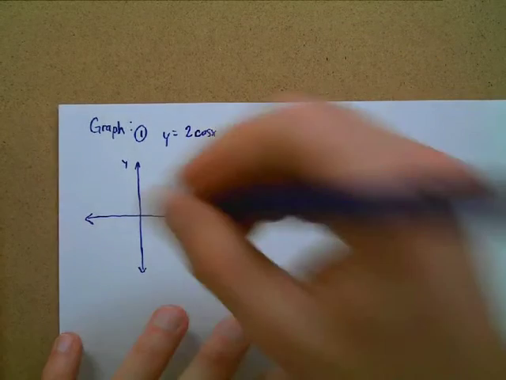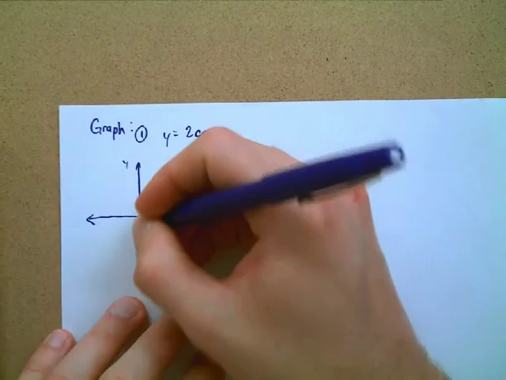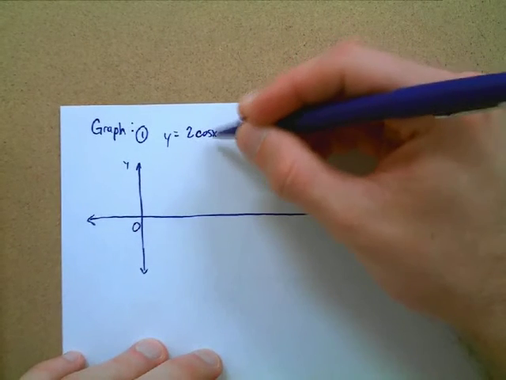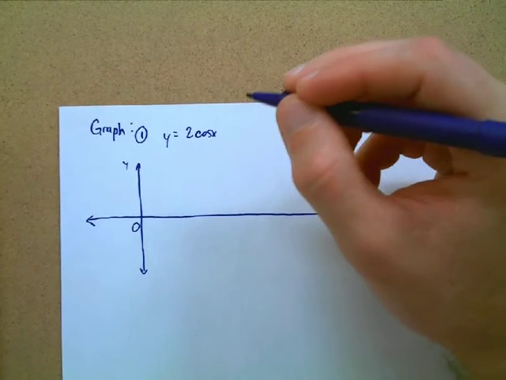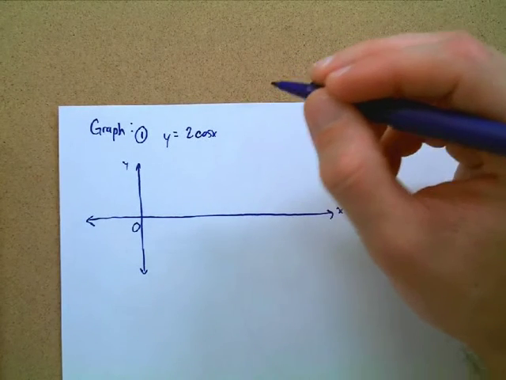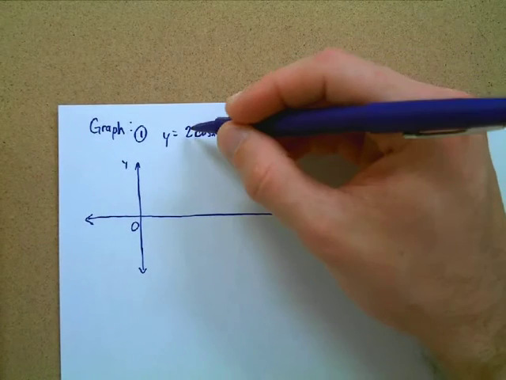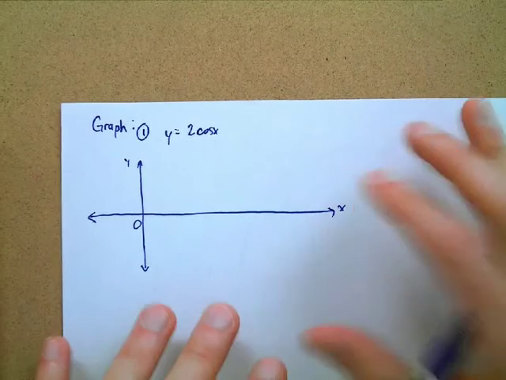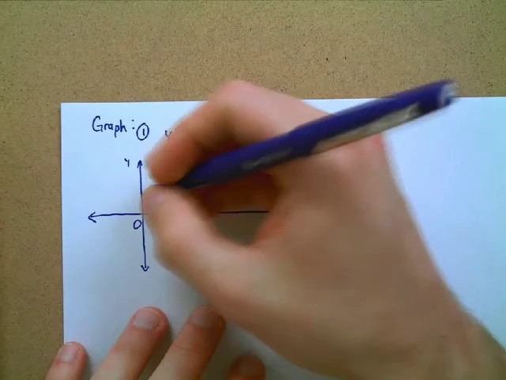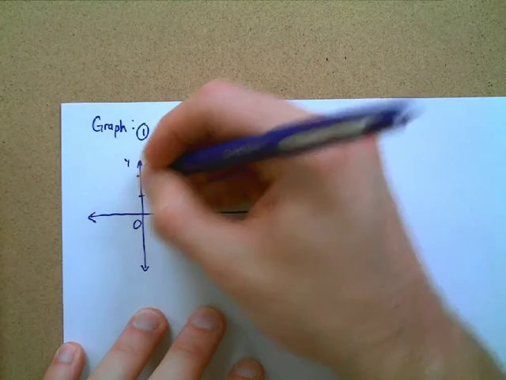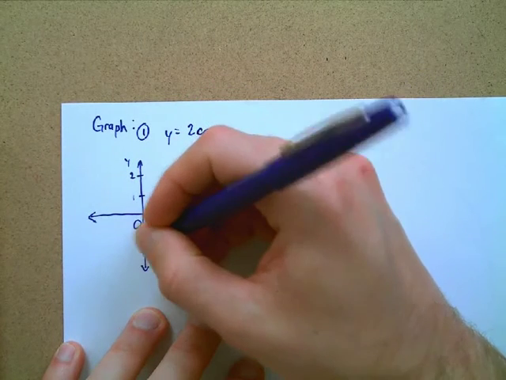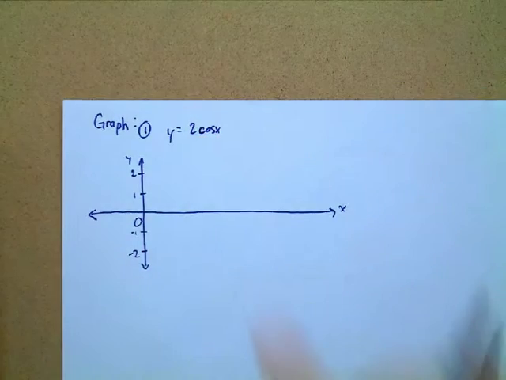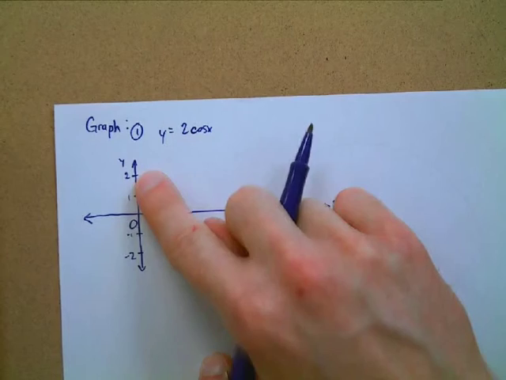So we still start at 0 here, because you can see in here there's no transformations. We're not shifting anything left or right. We're not shrinking or stretching anything horizontally, but we are going to stretch vertically here because of that 2. So we'll make 2 our highest y value there, and negative 2 the lowest y value, because of that amplitude of 2. We're going to go up 2 and down to negative 2 now.